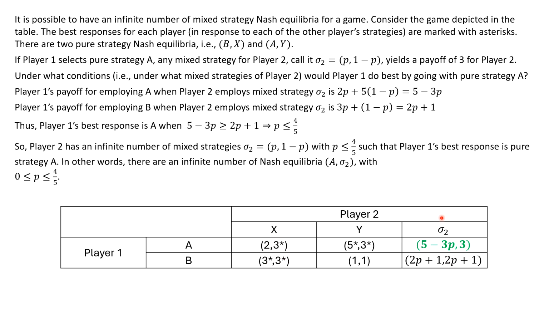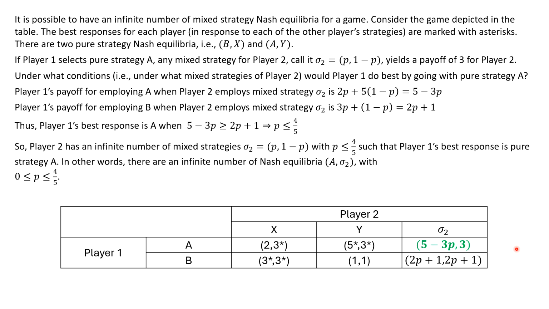What we want to do is create another strategy, a mixed strategy for player 2, and show that this particular combination A sigma sub 2 allows for an infinite number of Nash equilibria.